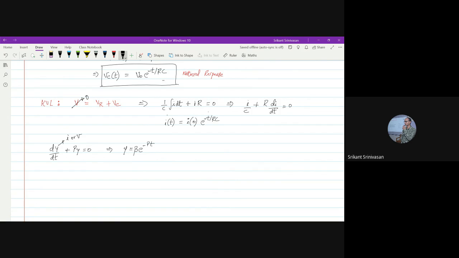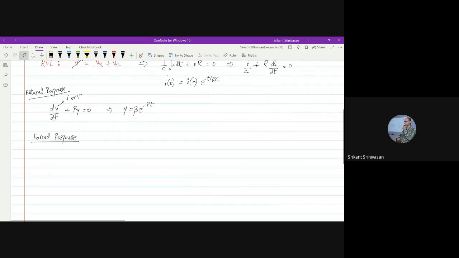Now, this is for natural. If I want to determine the forced response, then I'm putting some forcing function. So let's say I put some constant value. So I say that there is dy by dt plus py is equal to some q.